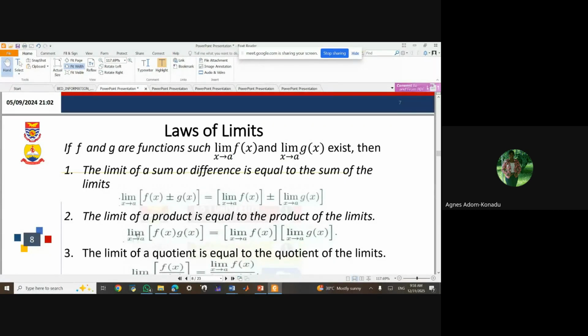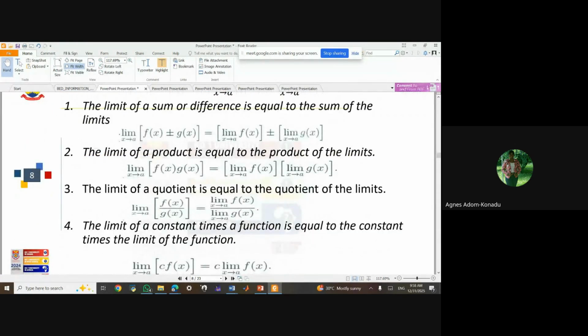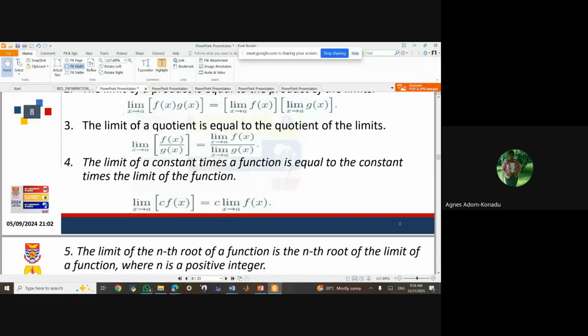And then the second one, the limit of a product of two functions. The limit as s approaches a of f of x times g of x is the limit of f of x multiplied by the limit of g of x. If it's a quotient, the limit of the quotient is the limit of f of x divided by the limit of g of x.